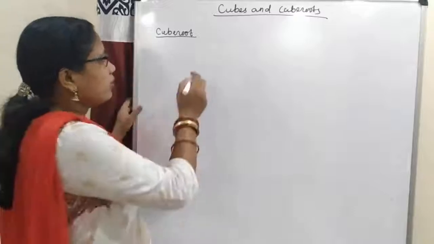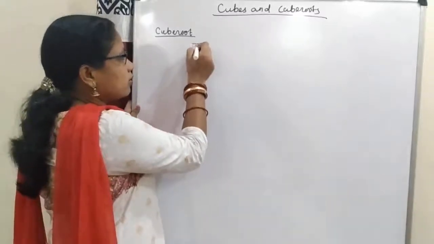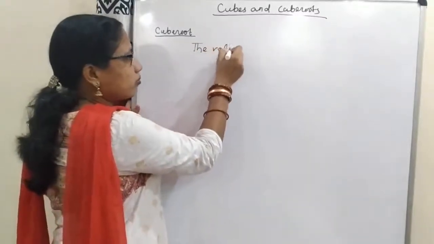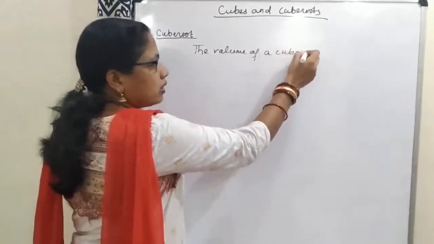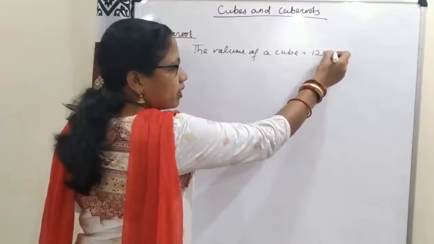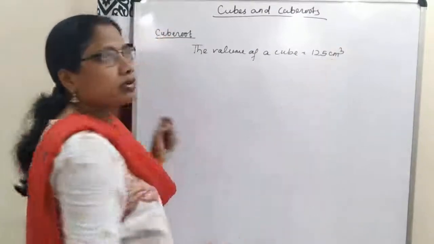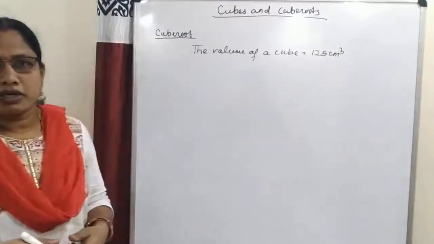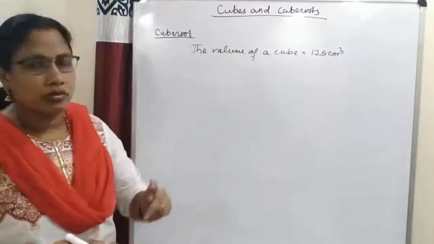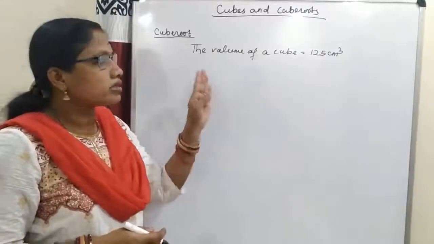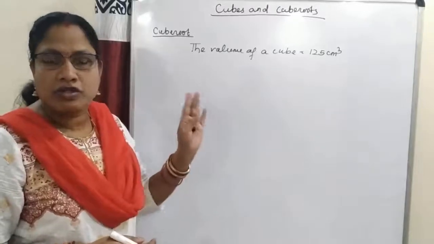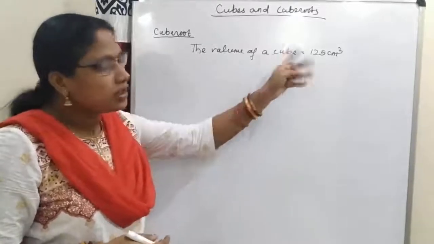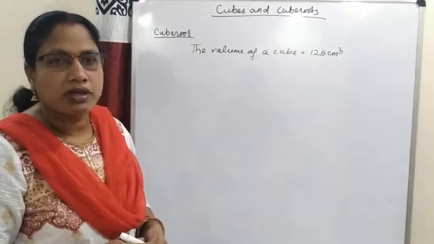If a question is given: the volume of a cube is equal to 125 centimeter cube. To find the side of that cube, we have to find a number whose cube is 125 centimeter cube.